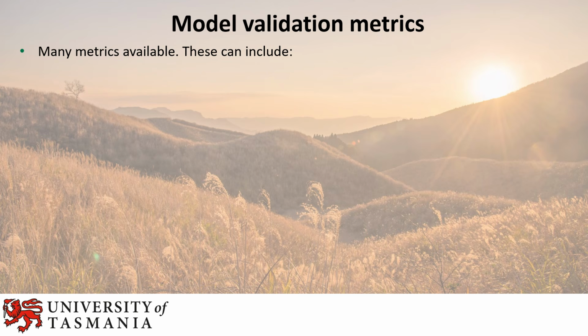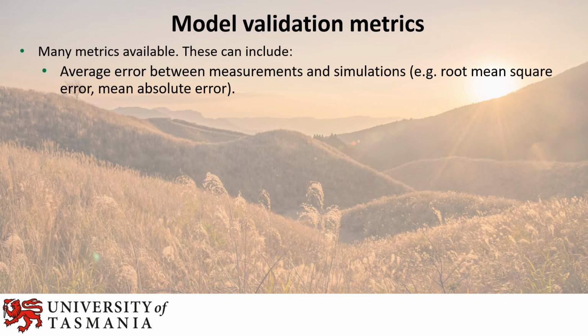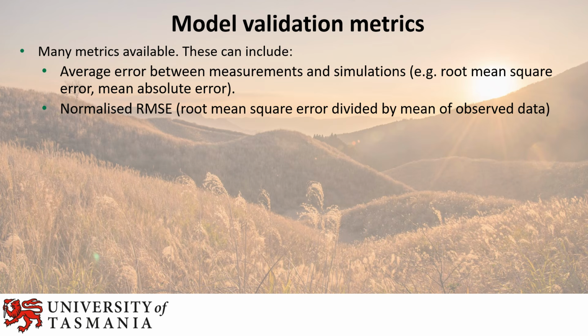There's many different model validation statistics that people can use. One of them, which is a very common one in the peer-reviewed literature, for example, is the root mean square error or mean absolute error. Another one, which is a subset of that, is the root mean square error divided by the mean of observed data. So that's normalized root mean square error.